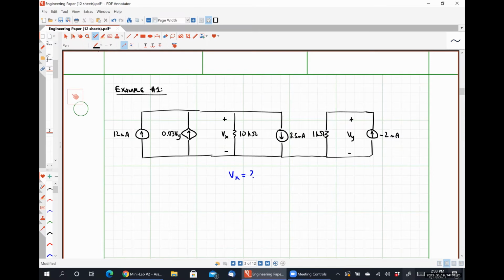All right, so any thoughts on how we might approach this problem? Anybody throw anything at the wall and let's see if it sticks. All right, nobody.